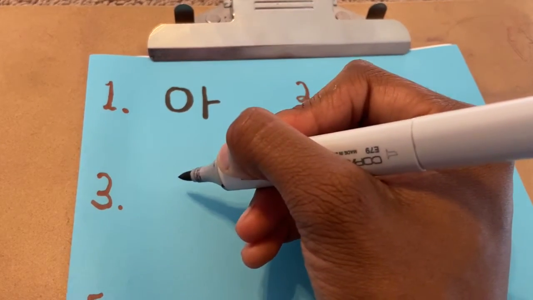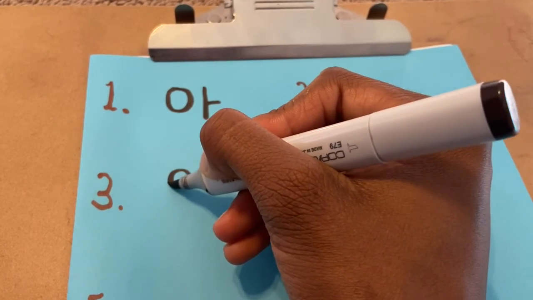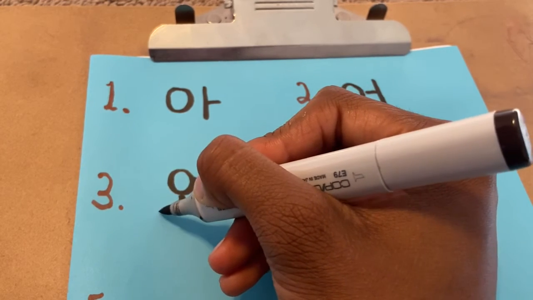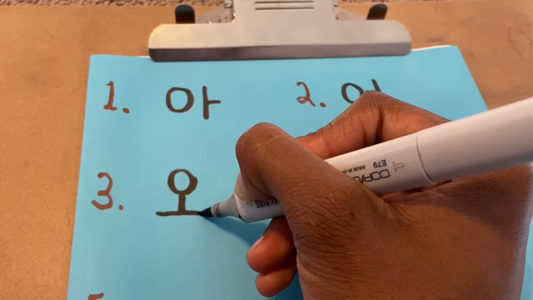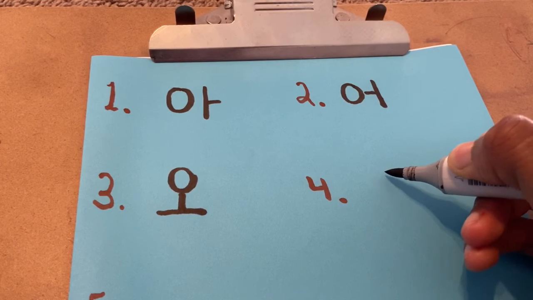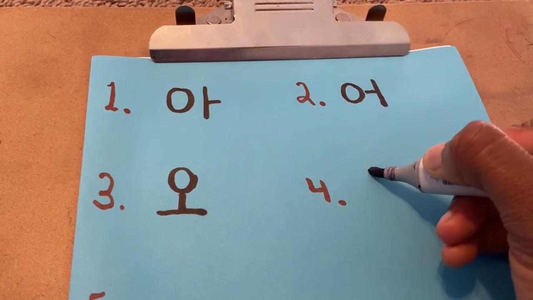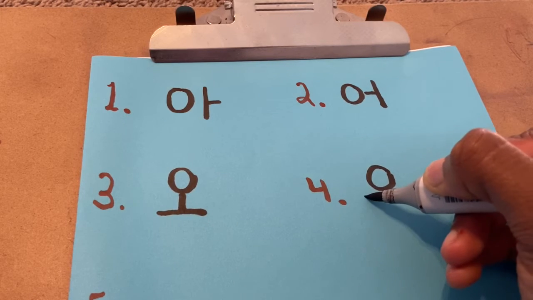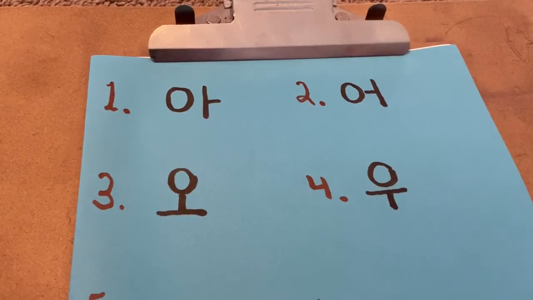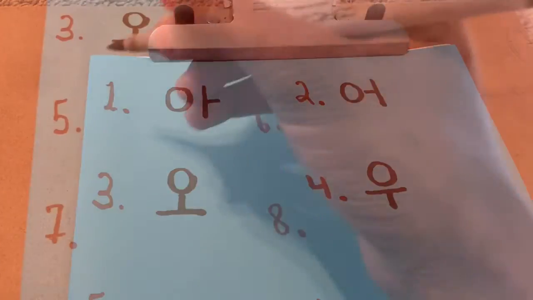The same goes for o, but you see ieung is on top because it has to be parallel to the long line. O. That goes for u as well. Ieung on top because it needs to be parallel. This is the way you write it for all the vowels.